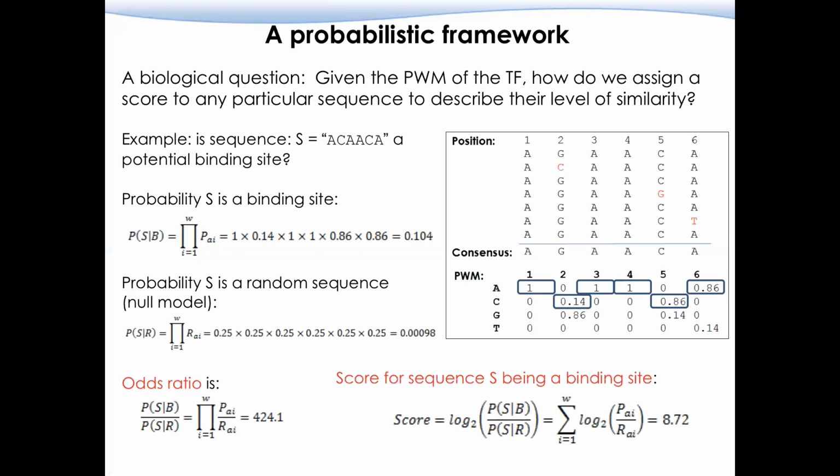Of course, we can use a score to describe this. The score is defined as the log2 of the odds ratio, so for this one the score is 8.72.